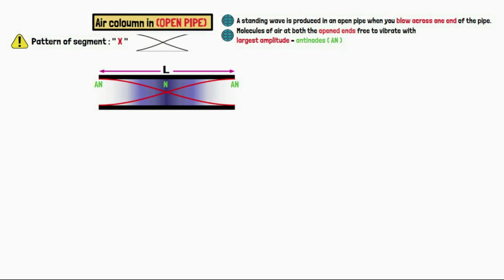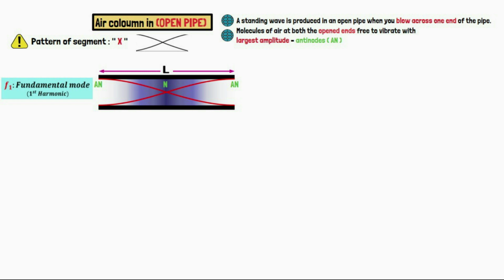So awak nampak dekat situ for the fundamental mode, okay, the pattern of the segment yang pertama sekali for the first frequency, which is fundamental mode or first harmonic, adalah X pattern.